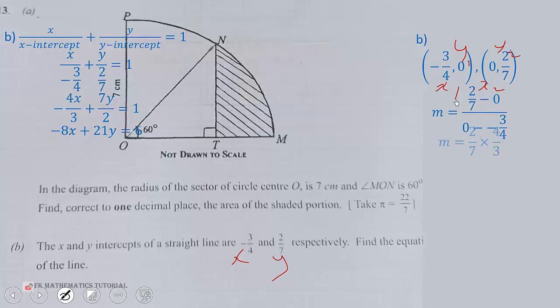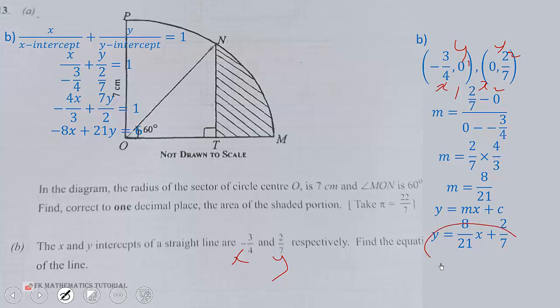So that will give us the gradient to be 2 over 7 times 4 over 3. When you reciprocate the 3 over 4, that will give you 8 over 21. So using the formula y equal mx plus c, where m is the gradient and c is the y-intercept, you get y equal 8 over 21 x plus 2 over 7. You can leave it like that. So this equation and this equation are the same.